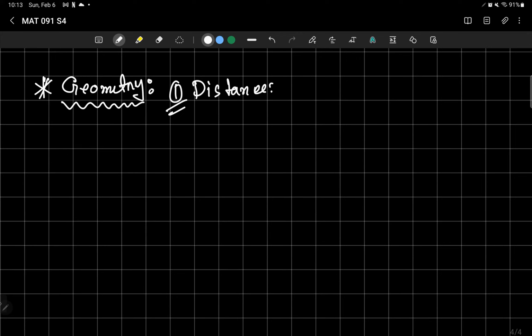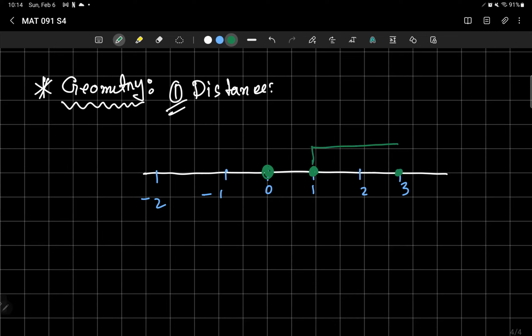Let's take the real number line again. Say this is 0, 1, 2, 3, -1, -2. And let's say I want to define a distance d between points 1 and 3.